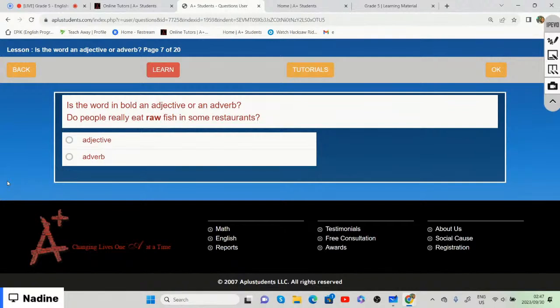So what kind of fish? We can basically ask ourselves that. Raw fish, which means that this is an adjective.